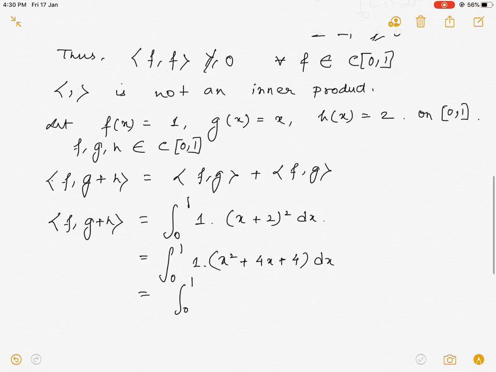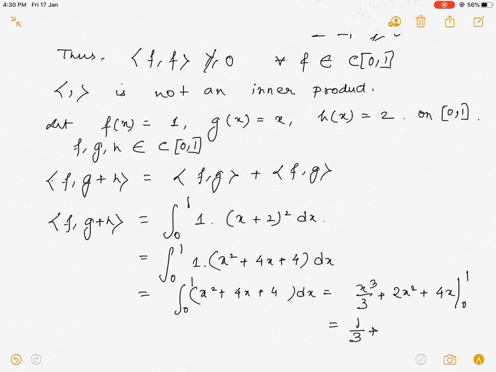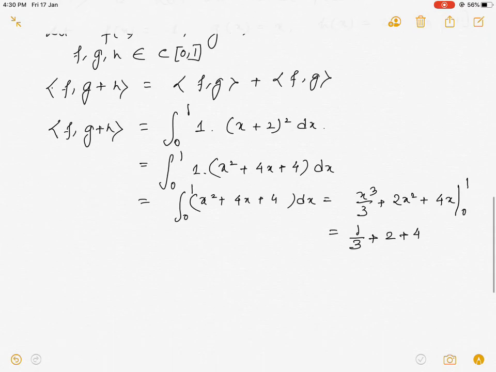Integrating from 0 to 1 gives x³/3 plus 4x²/2, that is 2x², plus 4x, which is 1/3 plus 2 plus 4, which gives us (1 plus 6 plus 12)/3, that is 19/3.